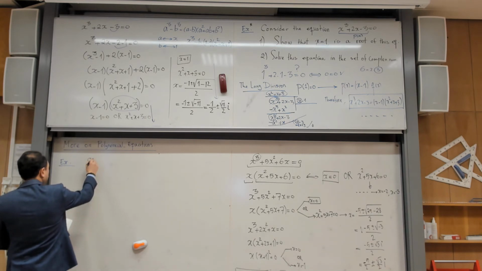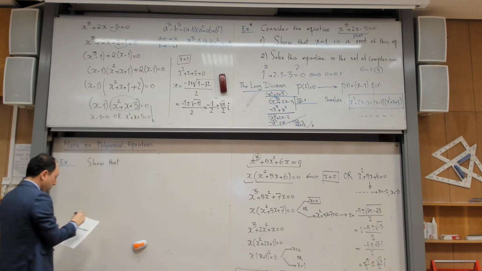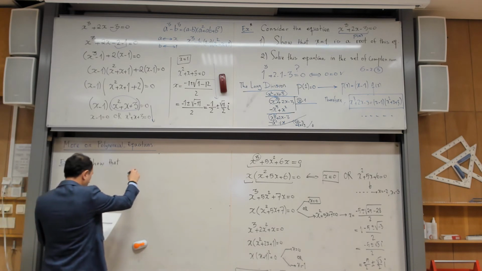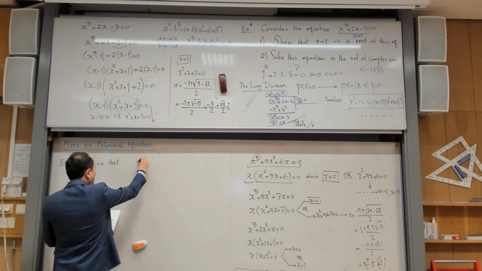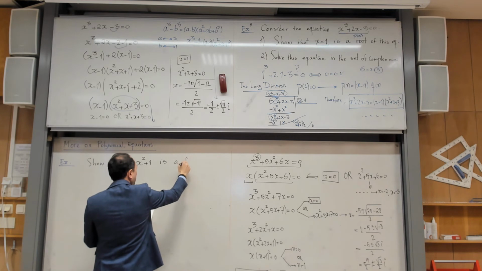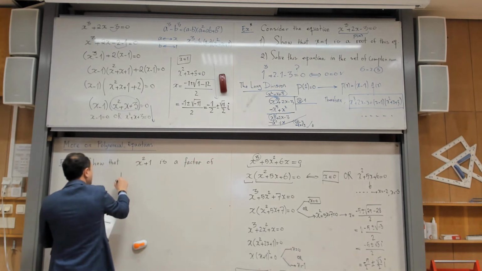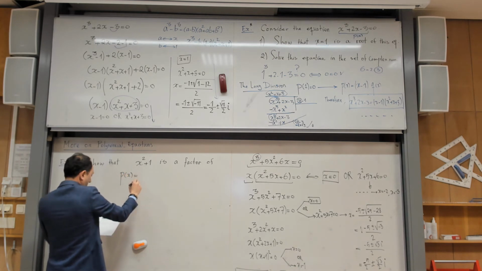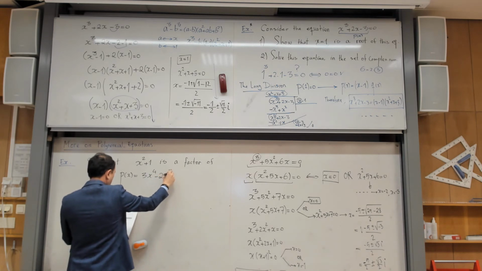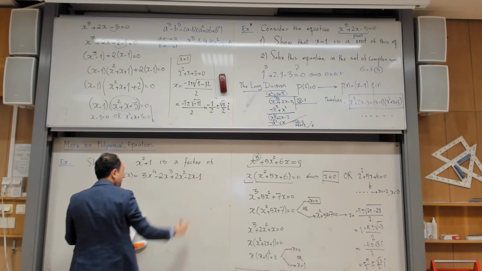I can change the question a little bit. Hopefully this will work because I don't have the solutions in front of me, but let us just do it together. Show that x squared plus 1 is a factor of the polynomial p of x equals 3x to the power of 4 minus 2x cubed plus 2x squared minus 2x minus 1.